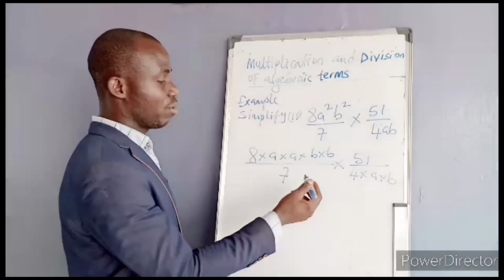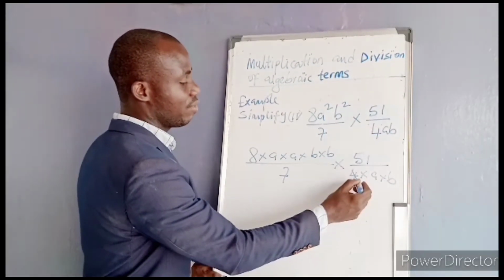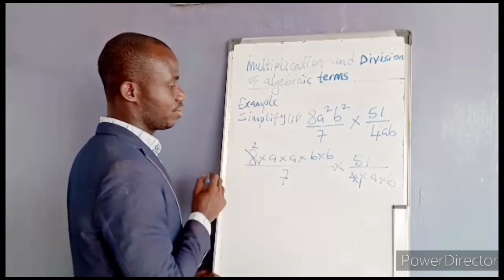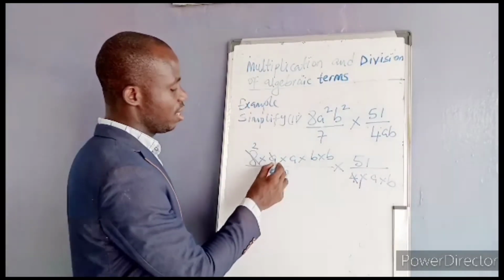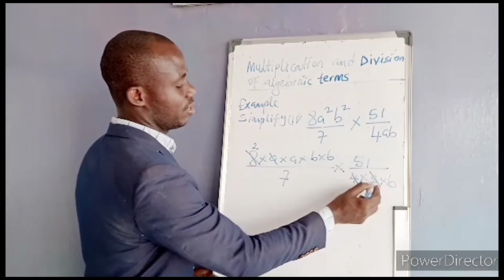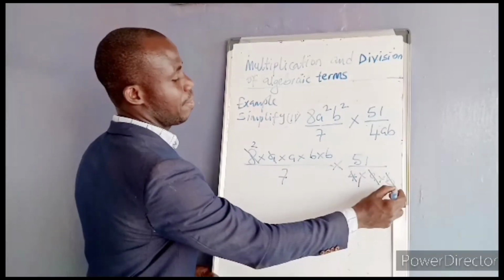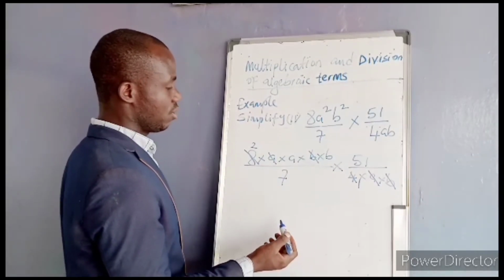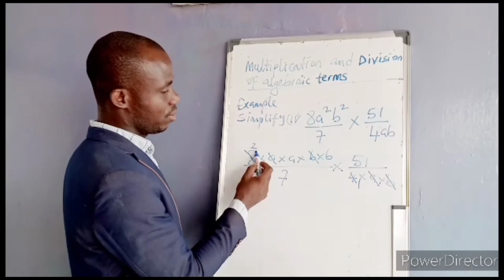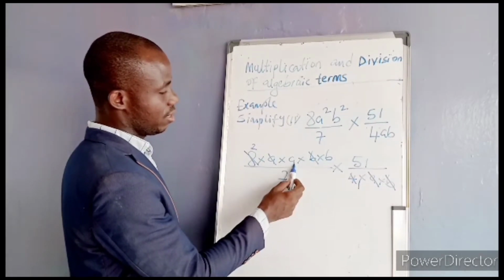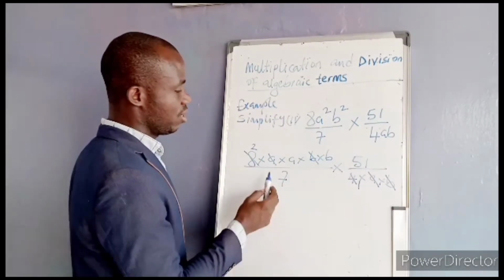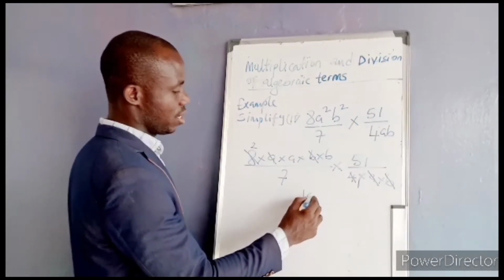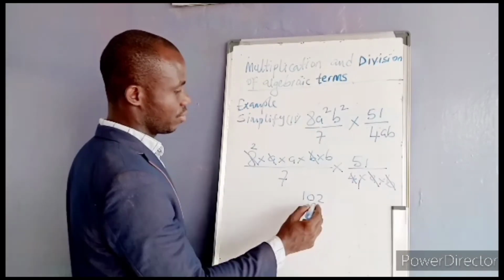Okay, what can divide? 4 divided by 4 is 1, and 8 divided by 4 is 2. Also, a can divide a, and b can also divide one of these b's. So we are left with, at the numerator, 2 times a times b, and also times 51. 2 times 51 will give us 102.